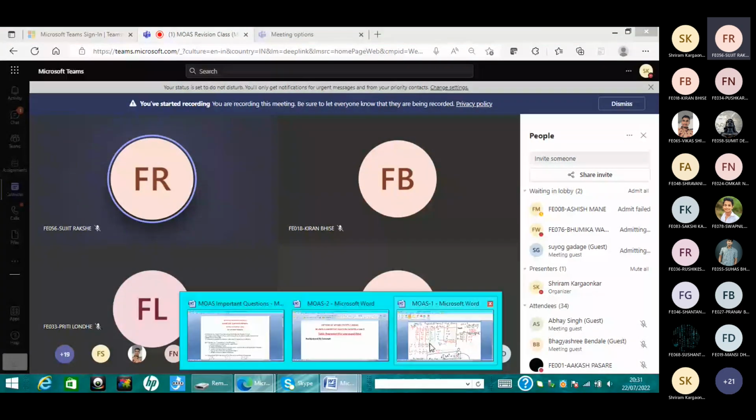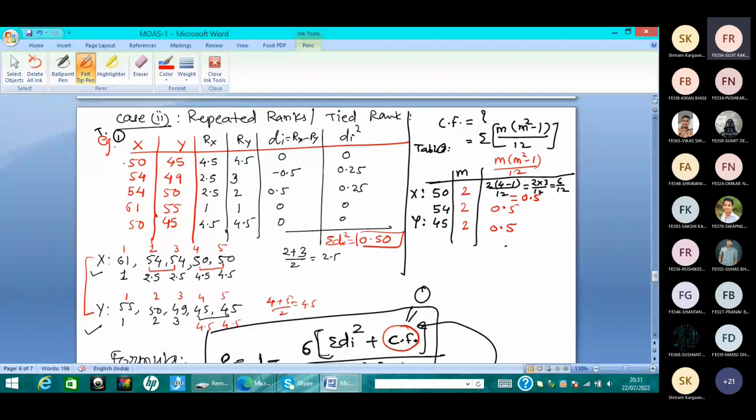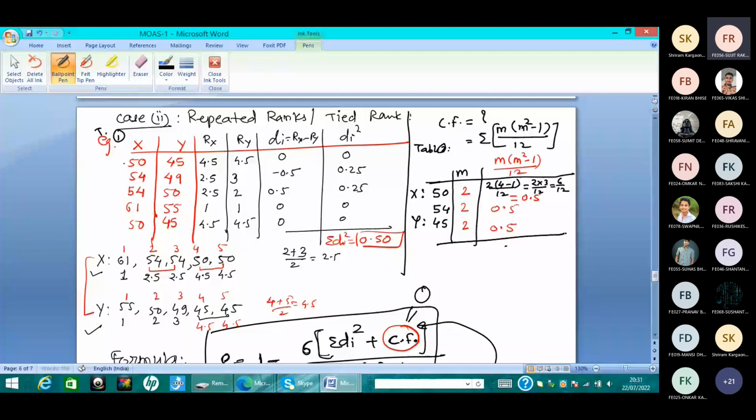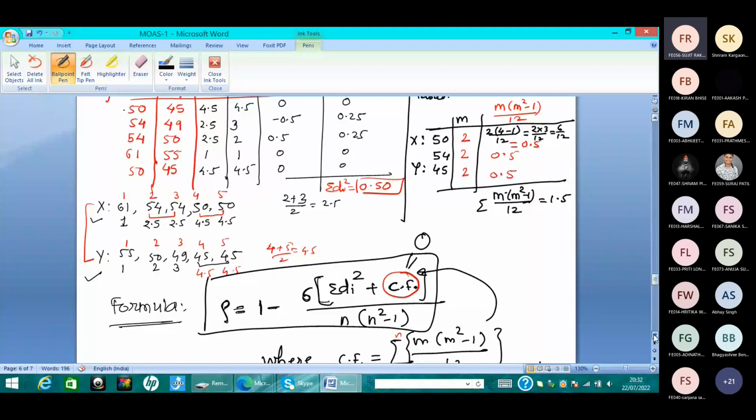Now get the total. This is m into m square minus 1 upon 12, so total 0.5 plus 0.5 plus 0.5, it is 1.5. So this is the correction factor you have to add. Now we'll use the formula. Just note down this 1.5 here, and summation di square, and this total.